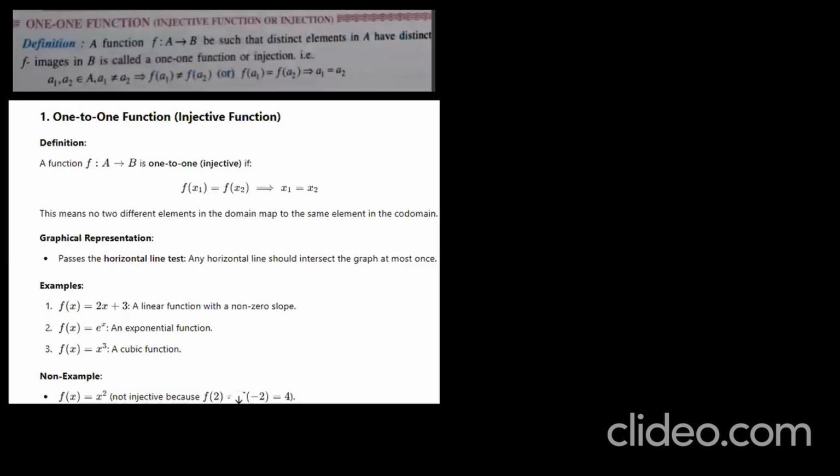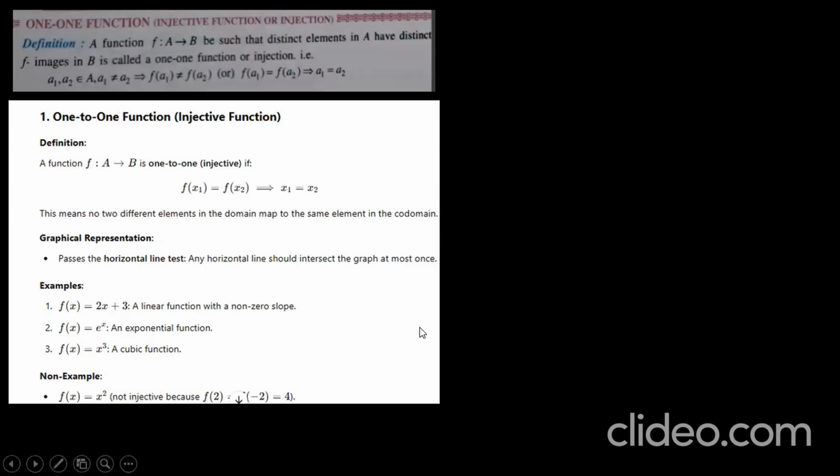Let us observe the different types of functions. We already observed different types of functions, but in addition to that, in this extension of functions, the main classification is this: one-to-one function or injective function, or you can call it an injection.